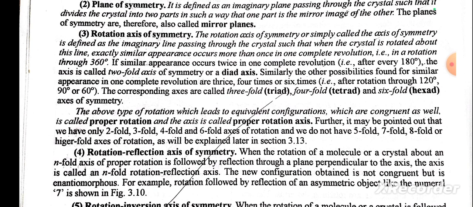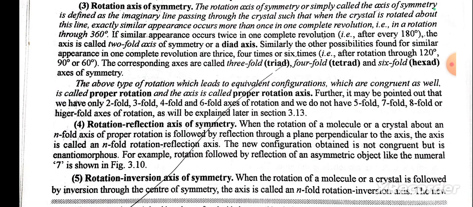The rotation axis of symmetry, or simply the axis of symmetry, is defined as an imaginary line passing through the crystal such that when the crystal is rotated through 360 degrees, its appearance will recur within one complete revolution. The axis is called a two-fold axis of symmetry or diad axis.